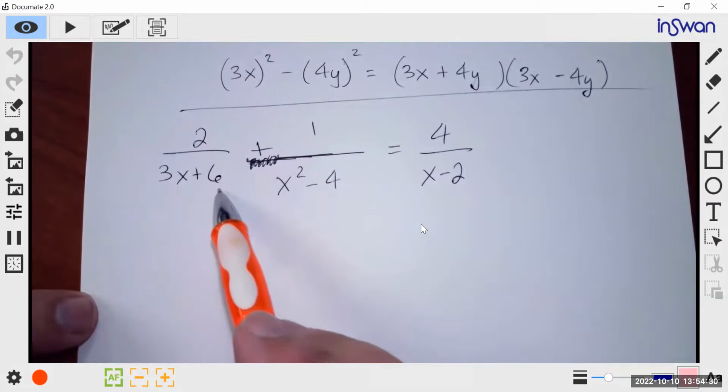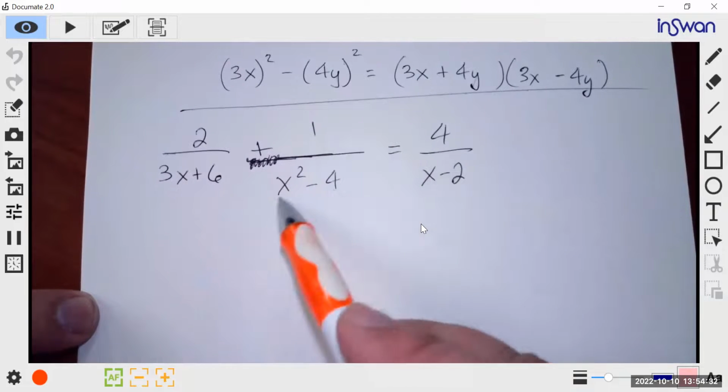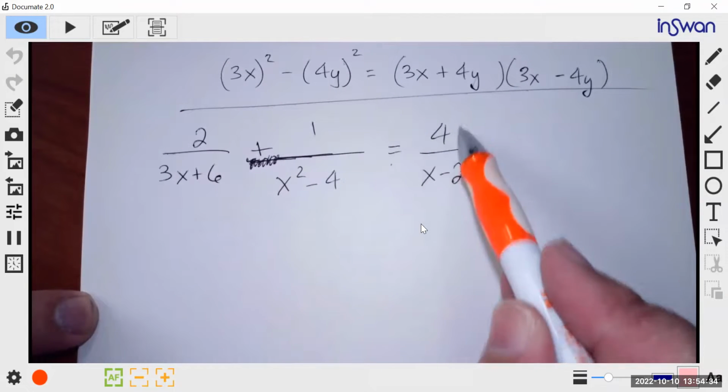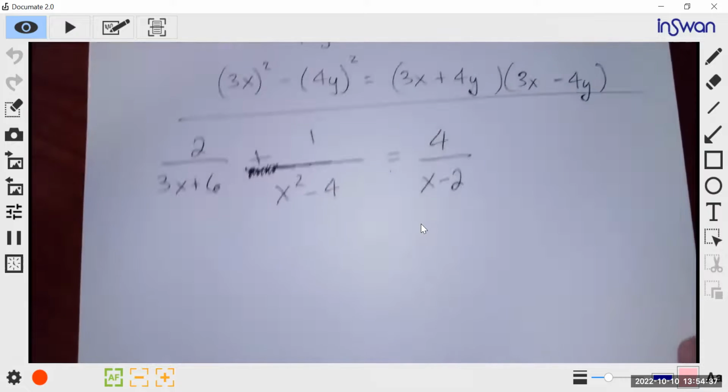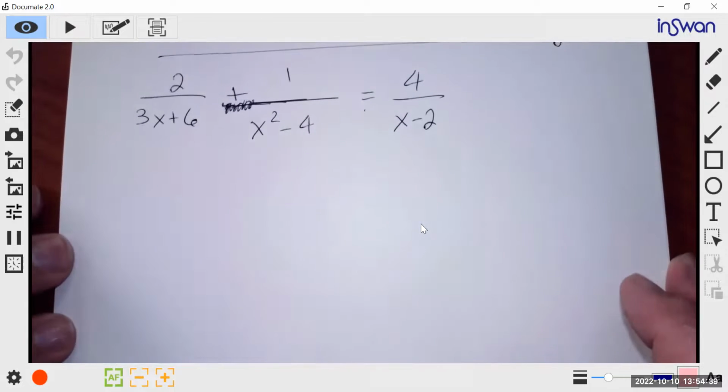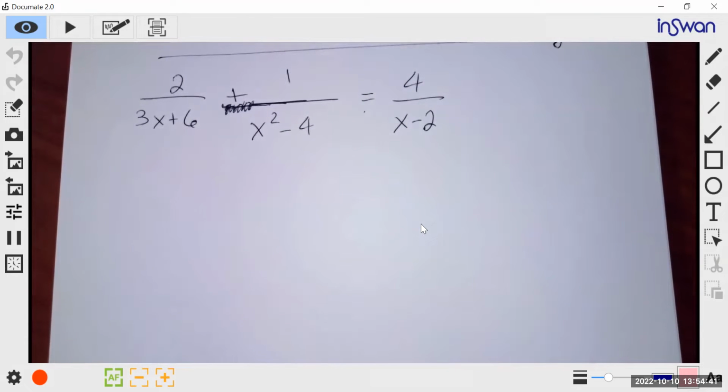That's 2 over 3x plus 6 plus 1 over x squared minus 4 equals 4 over x minus 2. Okay, the first thing you have to do is factor out the bottom.